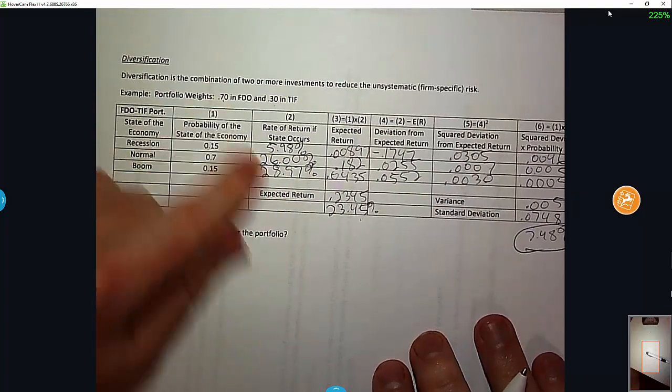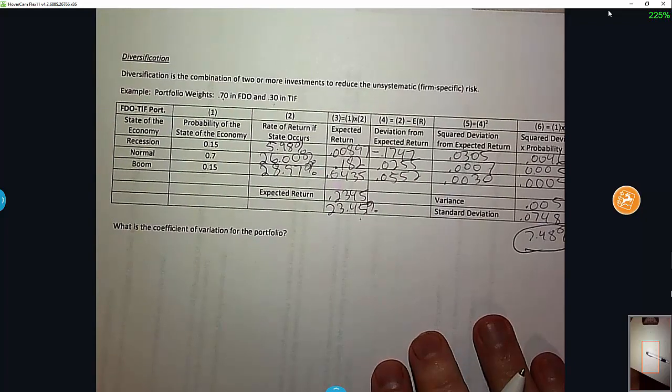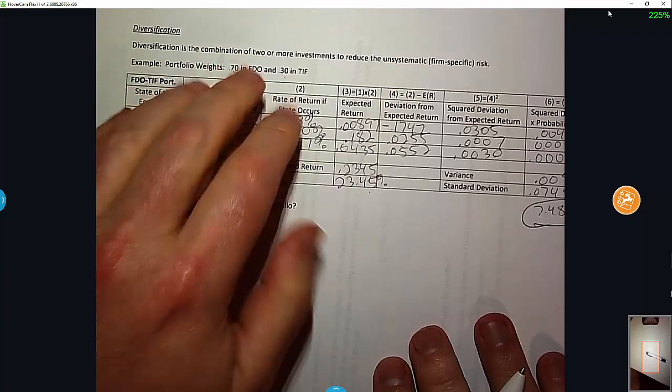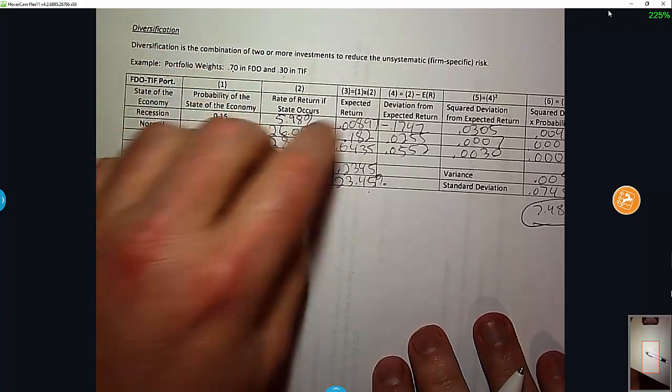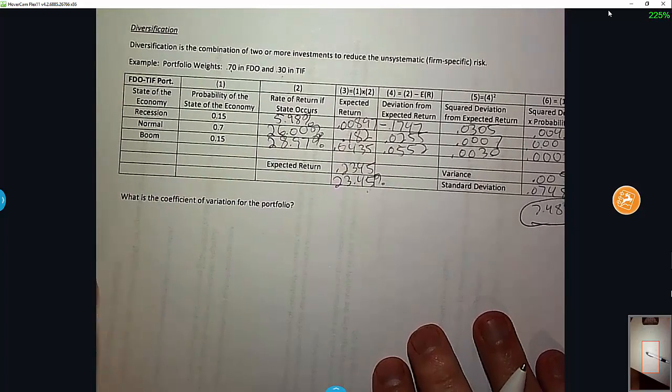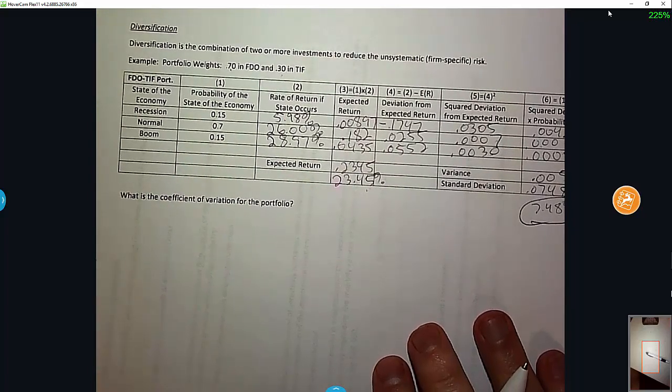So this has a smaller range than either of the two options we're putting into it. And as a result of having that smaller range, it also has a smaller standard deviation. So for a rational risk-averse investor, they would prefer this portfolio if the returns occur as we expect them to over either of the two individual stocks.